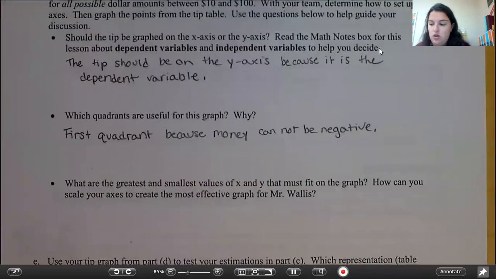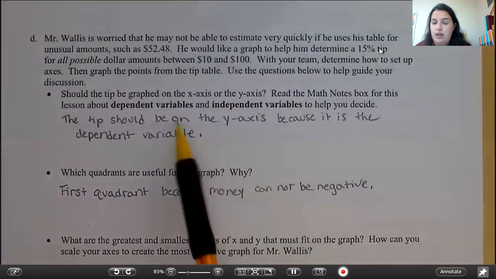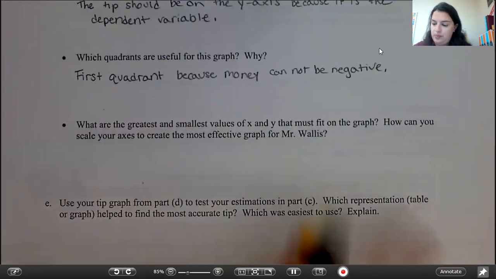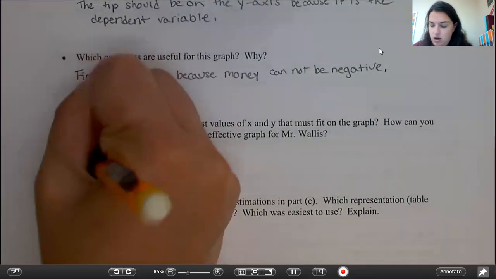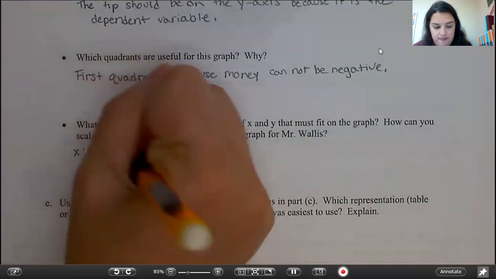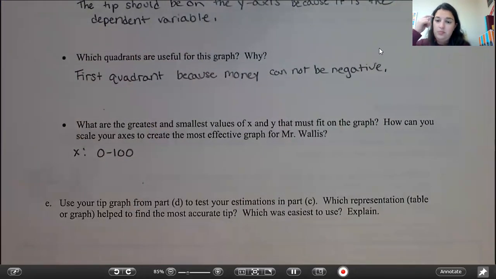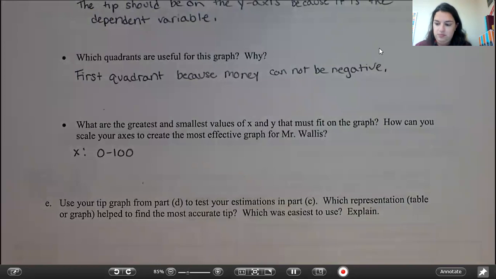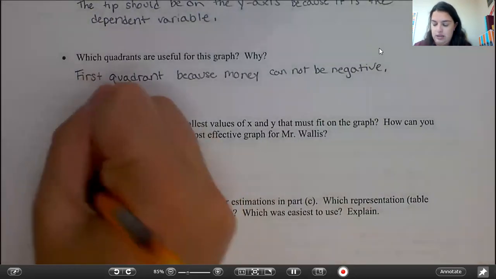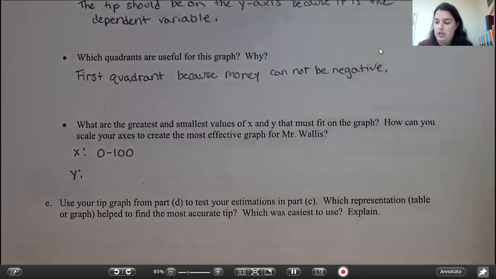So that's how much his bill would be. We know that the tip is on the y-axis, which means the x-axis should be 0 to 100 because it's all possible dollar amounts. Your y-axis is then going to be your tip.